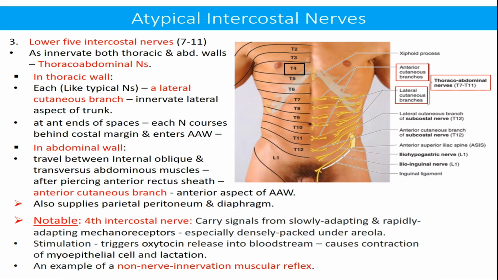Stimulation of these mechanoreceptors triggers oxytocin release into the bloodstream, which causes contraction of the myoepithelial cells and the start of lactation. It is an example of a non-nervous innervation muscular reflex.